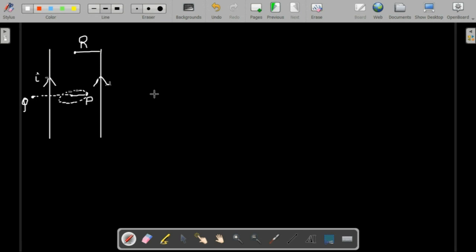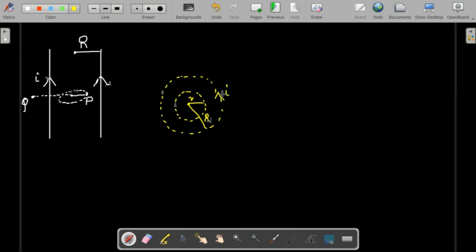Let's do it for inside. Okay, if we do it for inside, we can make a loop, and this would be the inside one, small r, and the radius of the coil is larger R. This is the radius of the coil, it's capital R. The current is flowing in the larger coil.